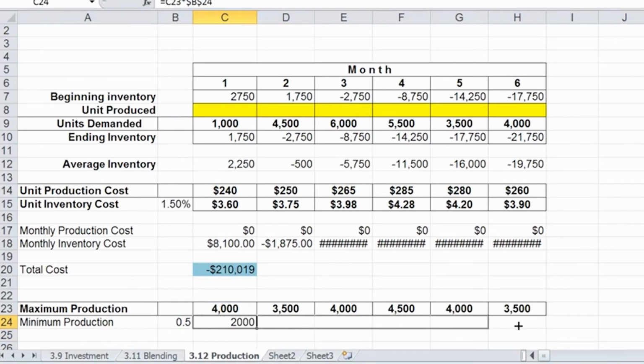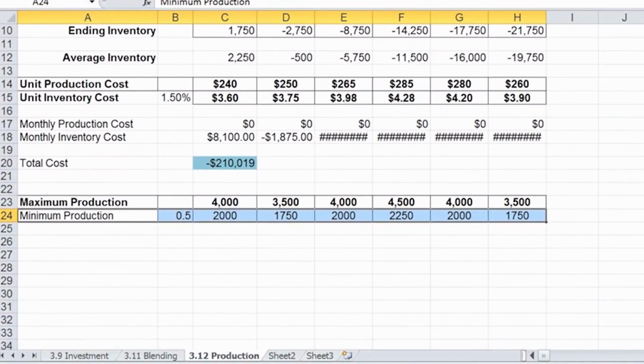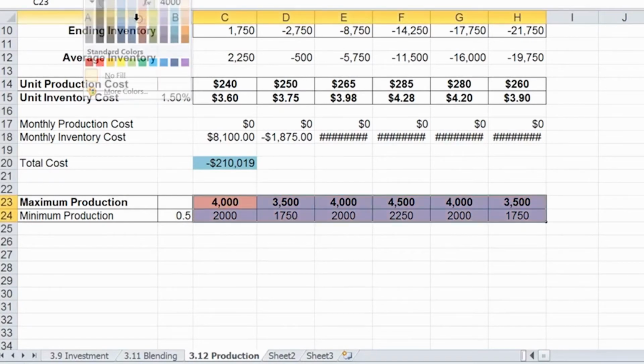So this helps us to calculate all of them as half of the maximum production. And these will be used as the right-hand side of my constraint. I'll just highlight them. The left-hand side are all of our decision variables.